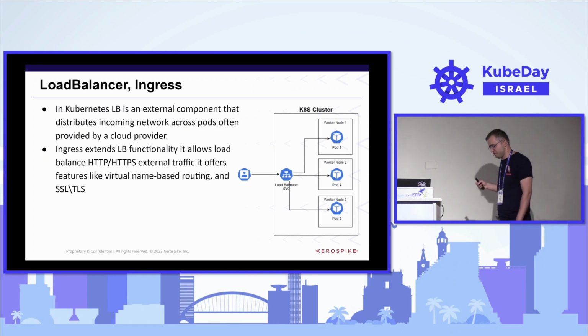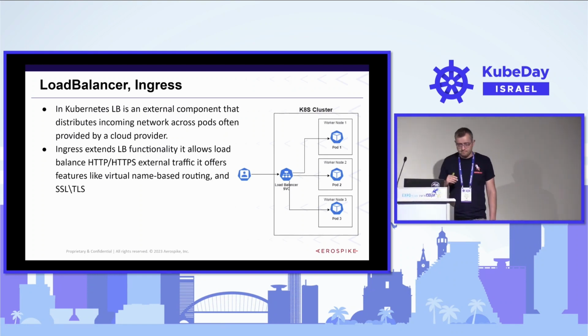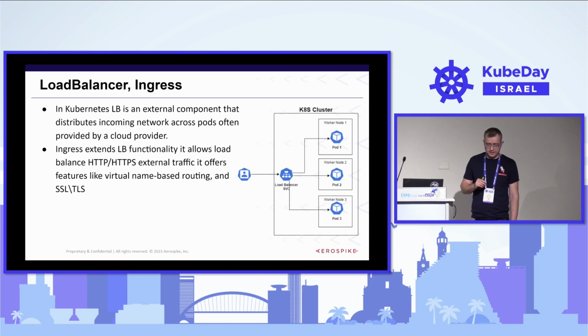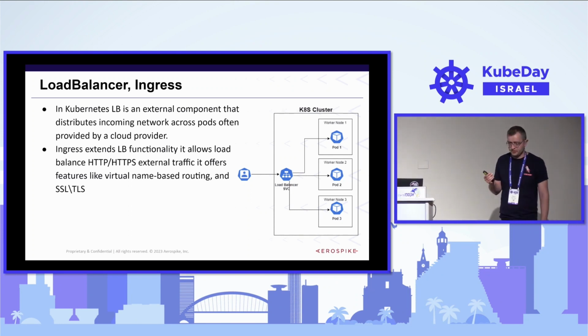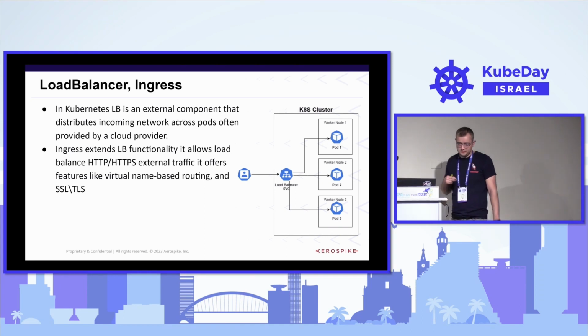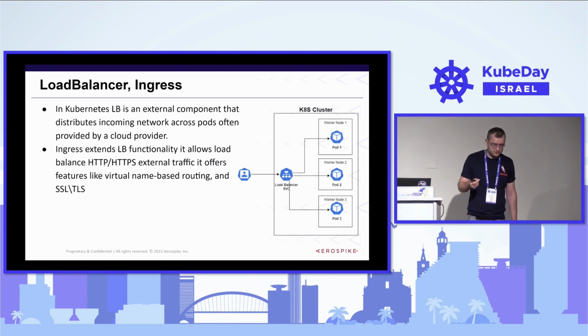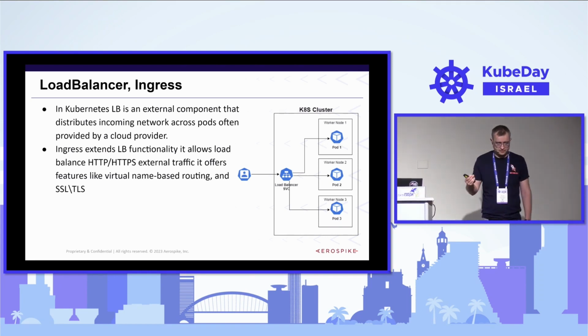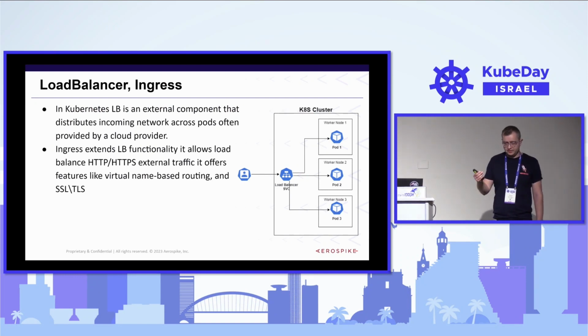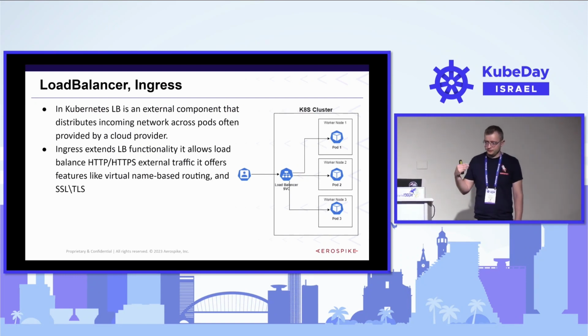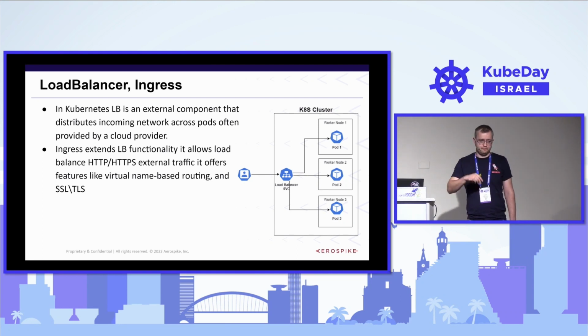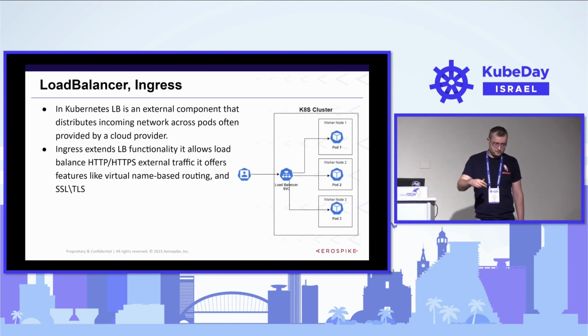Some load balancers use the node port in order to forward the traffic. Others just interact with the pods directly. Basically, what it does is expose a single point of access to your cluster, and it gives an ability for external applications to interact with an application that runs inside of the Kubernetes cluster.